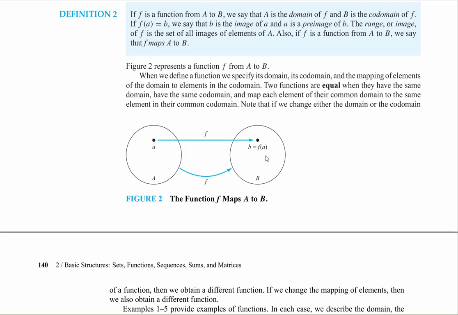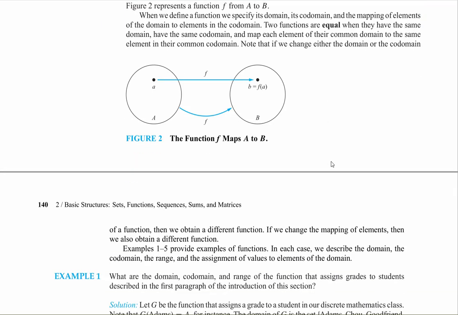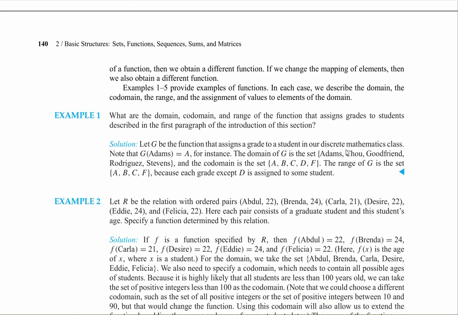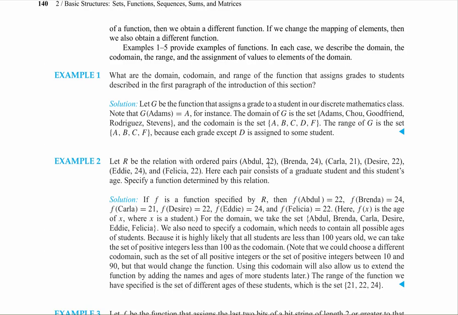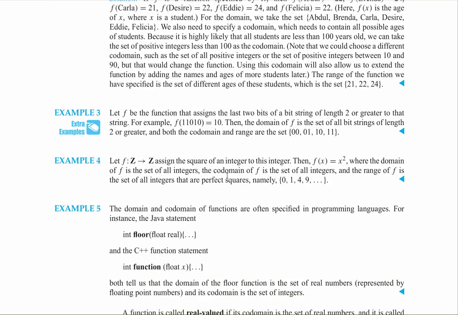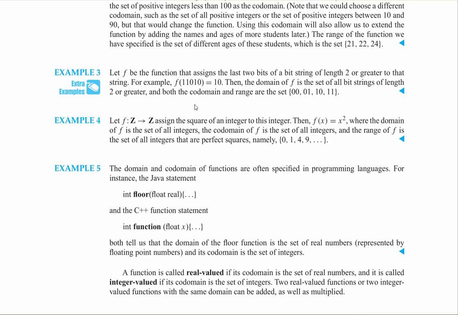So A gets mapped to B. Here's a slightly different bit string example. So this function f sends bit strings, which get mapped to the last two bits. So that's another variation.